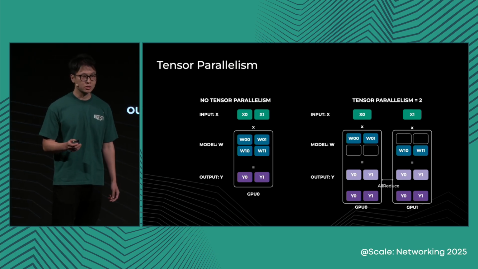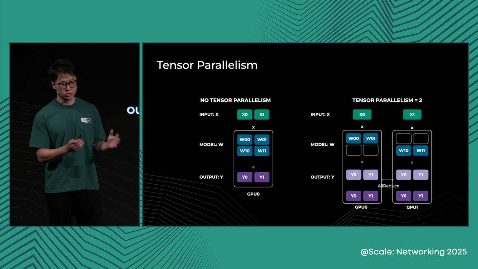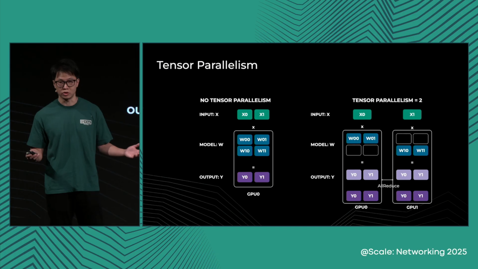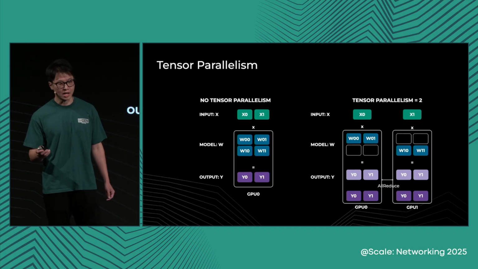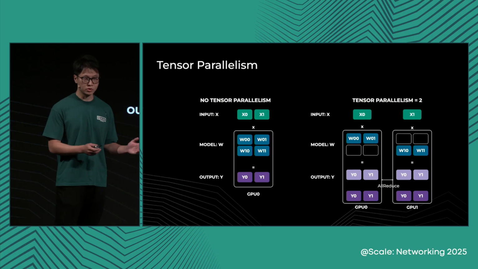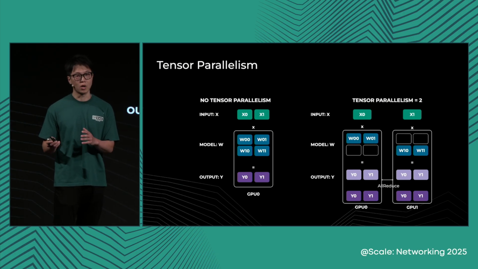Now, let's imagine the model weight is too big to fit into one GPU. What to do? The natural way of resolving this is to shard the model weights across multiple GPUs. On the right-hand side, we do a row-wise sharding. We put the first row on GPU 0 and the second row on GPU 1.